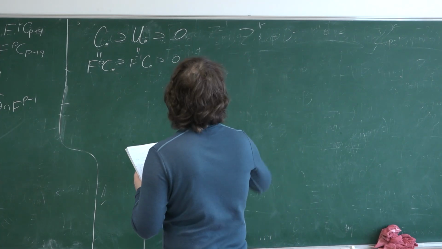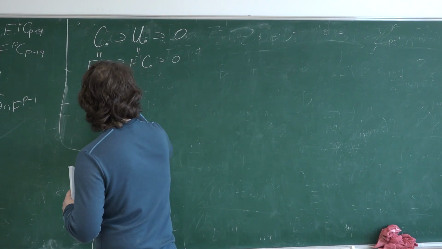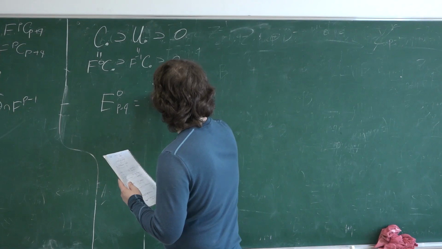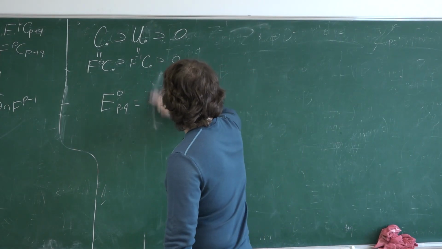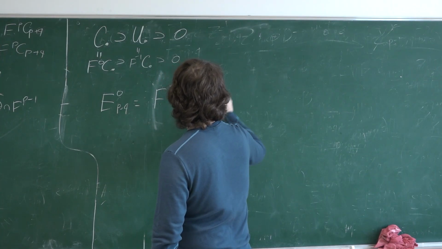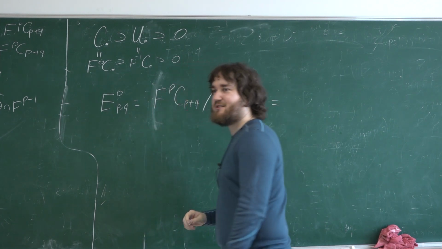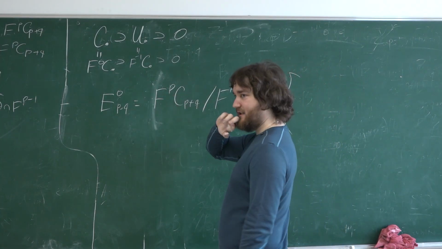I have the zero page. By definition, it's the quotient F_p C_{p+q} modulo F_{p-1} C_{p+q}. What is it? My p is only 0 or -1, yes?